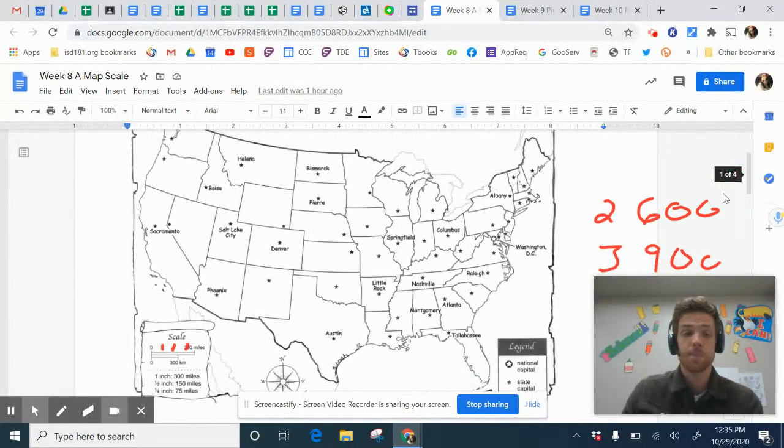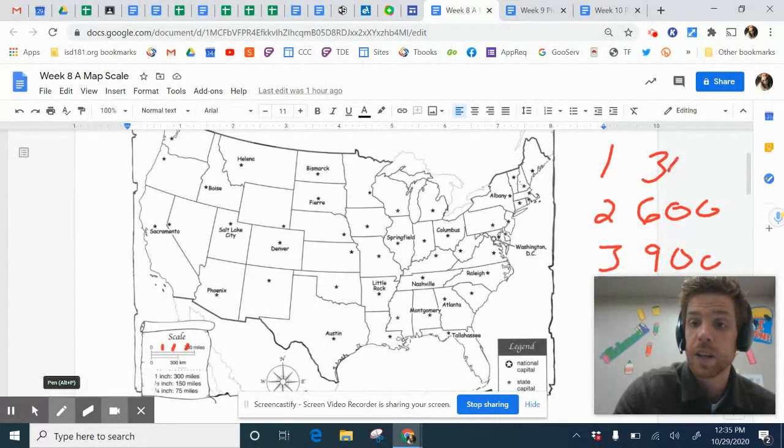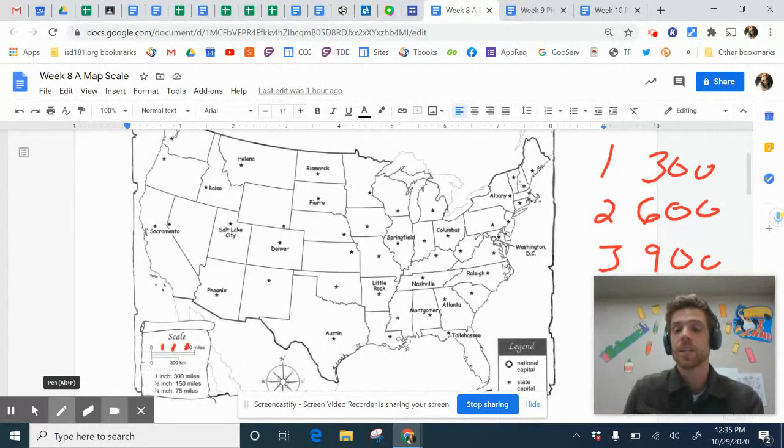And maybe I should back up here and put a 1 is 300. So you're following that same proportion, that same ratio. Every time you go from 1 to the next number, you're going to add 300 onto it. So 300 plus 300 gives us our 600. Now we're at 600 miles. Add another 300 miles. We're at 900 miles.